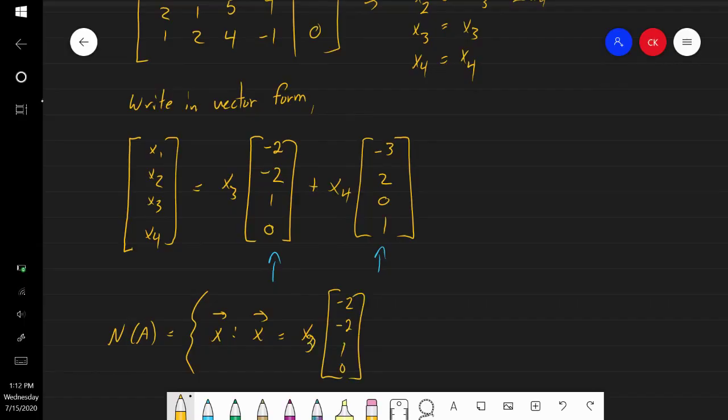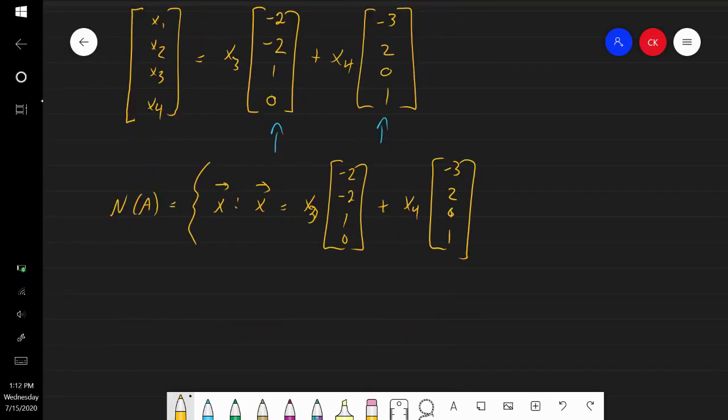This is just, again, our formal notation, plus x4 times (minus 3, 2, 0, 1), where x3 and x4 are elements of the real numbers. And we'll throw another bracket on the back of that, and that becomes our complete description for the null space of this particular matrix. So see if you can give that a try on this example and see how it goes.